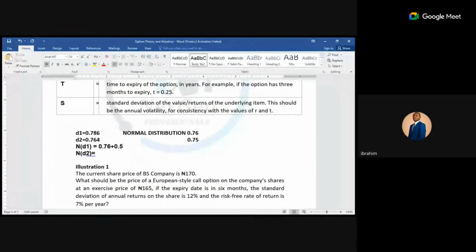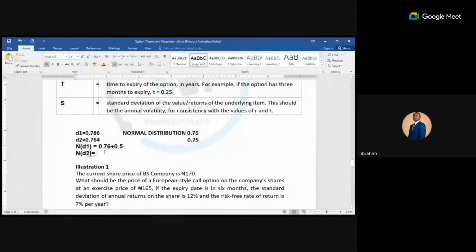The 0.5 is constant. When your D1 is positive, or when your D2 is positive, you add 0.5 to what you have in the normal distribution table.